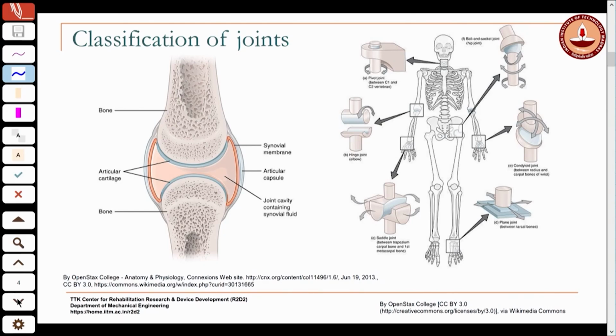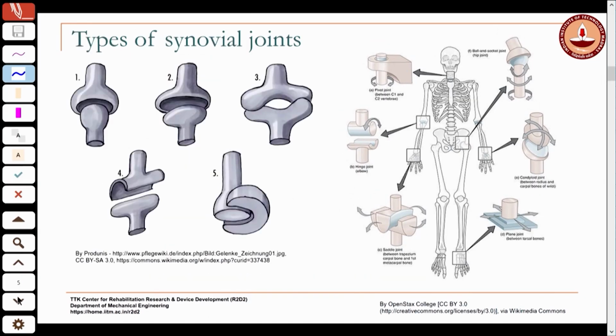If you look here, these are the types of synovial joints. You have what is known as a ball and socket joint, similar to what you see in engineering systems. You have a ball that moves inside a cavity, and it will allow rotation in 3 different directions.